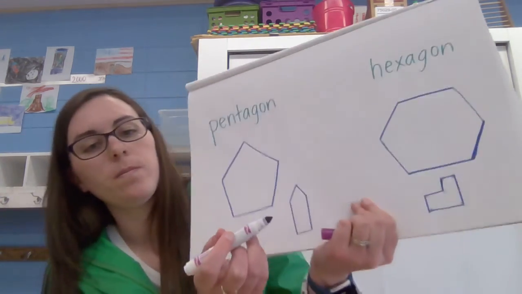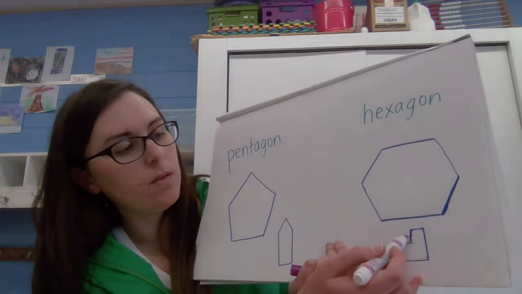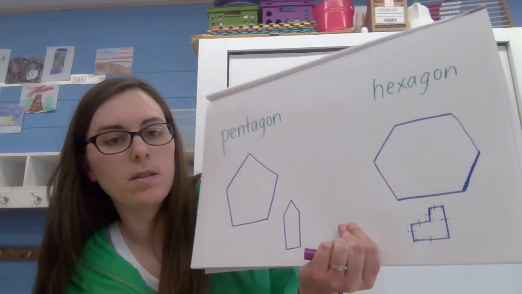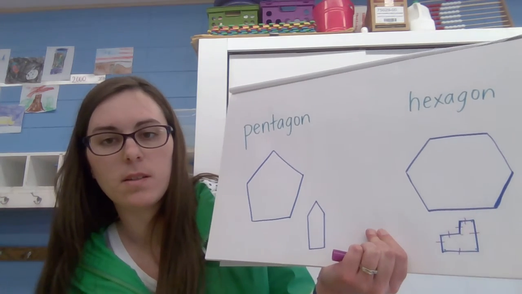Let me just switch colors on my marker real quick and show you those 6 sides, just in case you didn't believe me. So 1, 2, 3, 4, 5, 6. It's still a hexagon. It still counts.